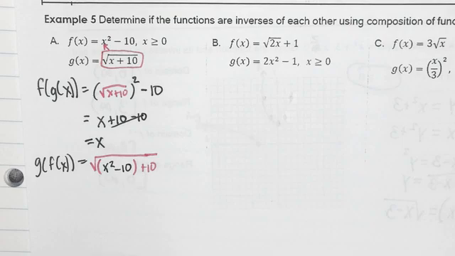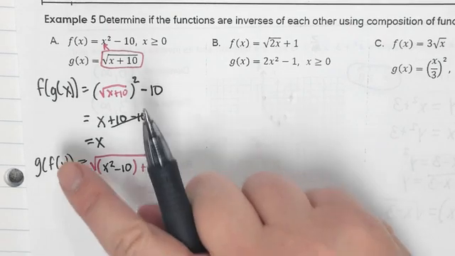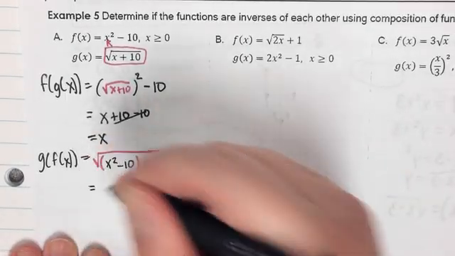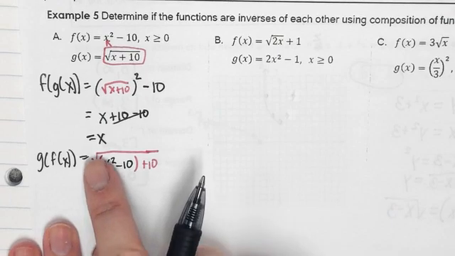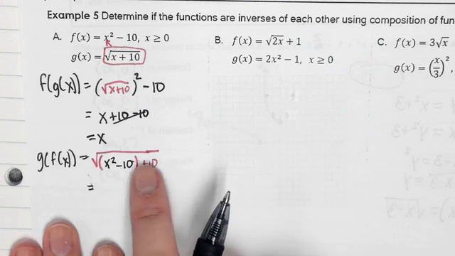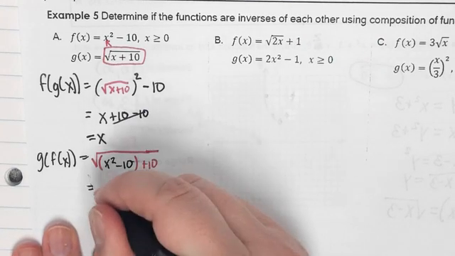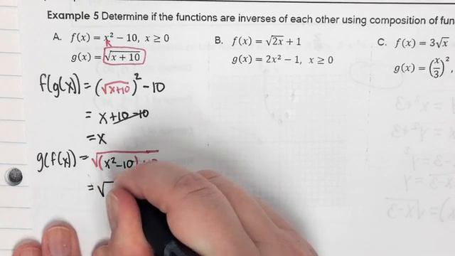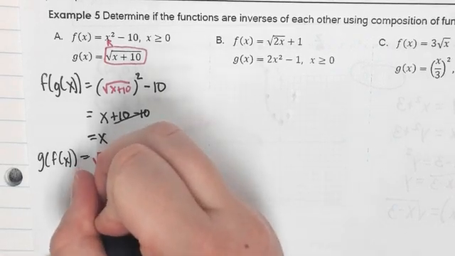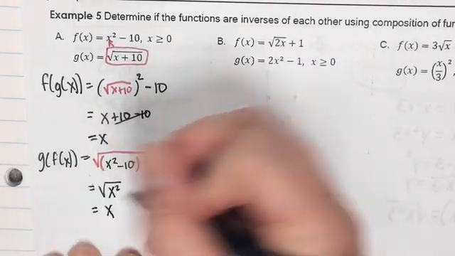Right? I'm writing function g in the place of f is big parentheses. Okay, now look here. See how this is all under the square root? Can't I simplify this minus 10 plus 10? So those will cancel out. I just have square root of x squared. And what's square root of x squared? It's just x.